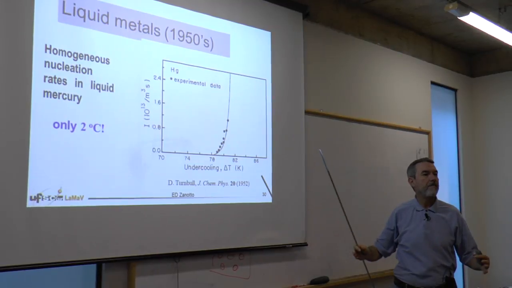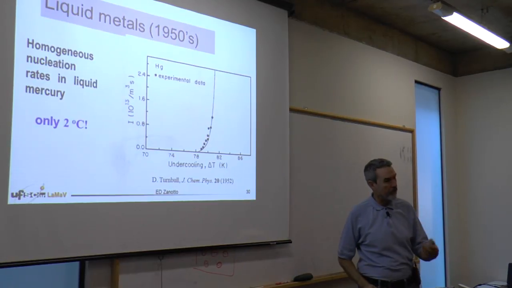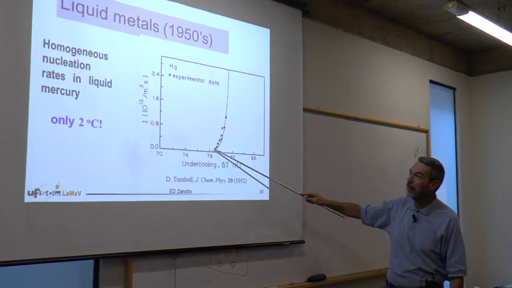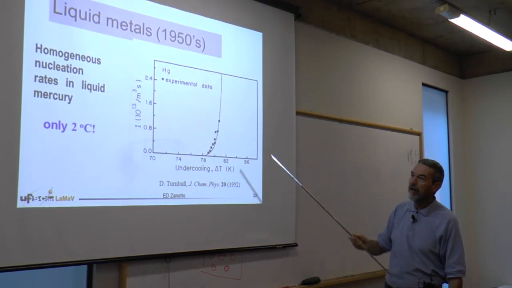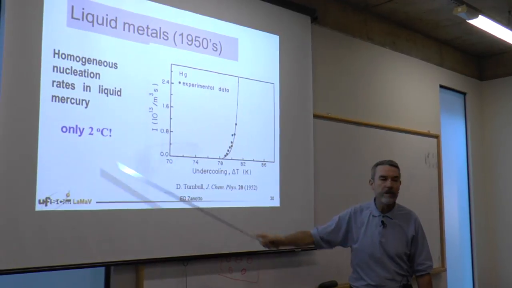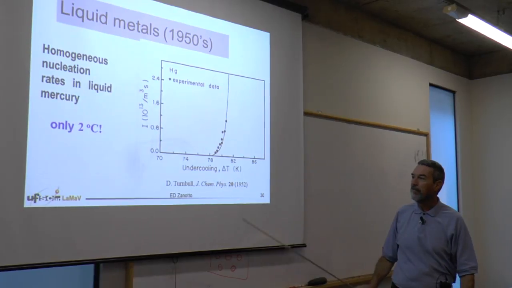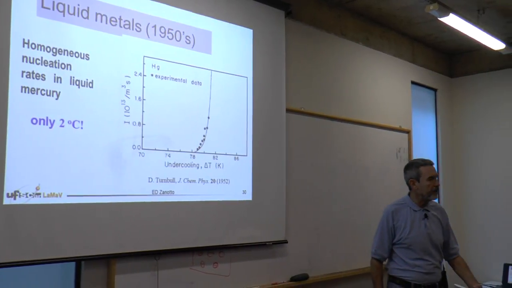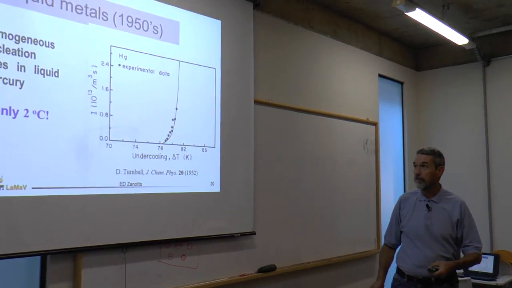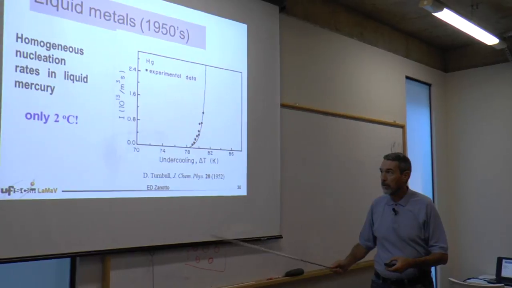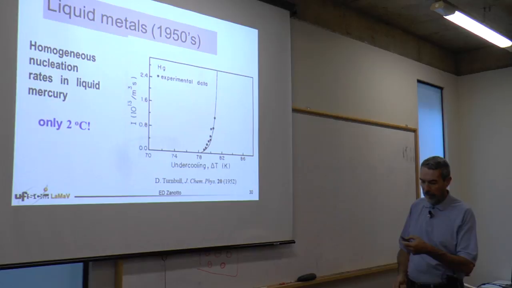This is like the undercooling necessary to induce nucleation, homogeneous nucleation in this particular material. So he was able to estimate the nucleation rates in a very narrow range of temperatures, only 2 degrees Celsius. But he did, and this is 1952, very, very original, groundbreaking kind of work, the first worker to measure this phenomenon, and then he was able to test the theory.